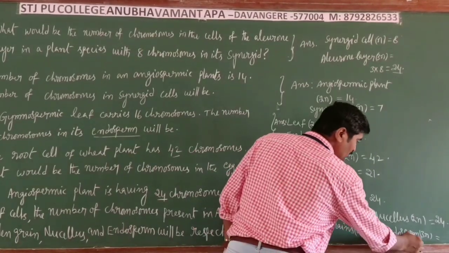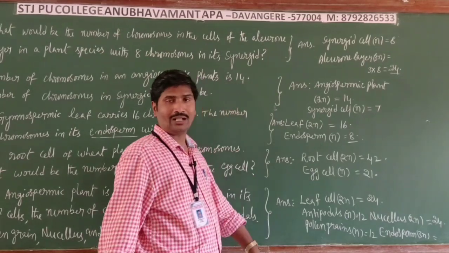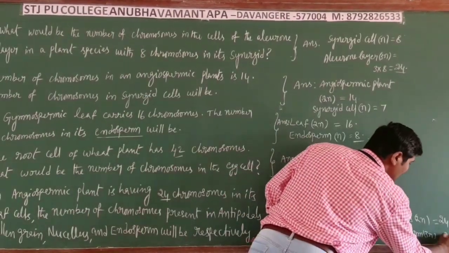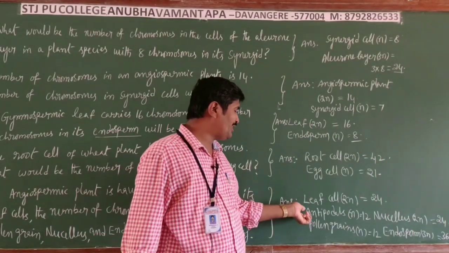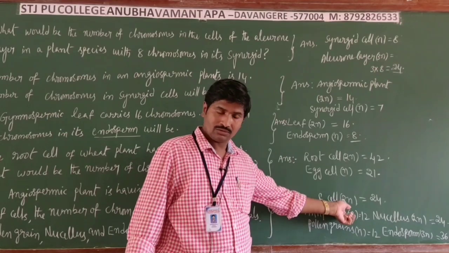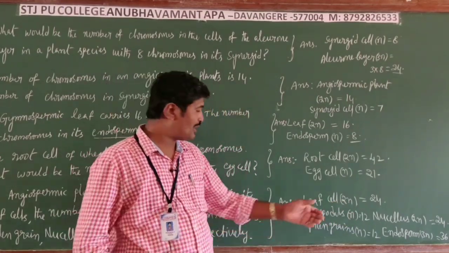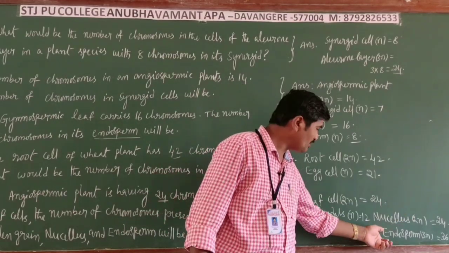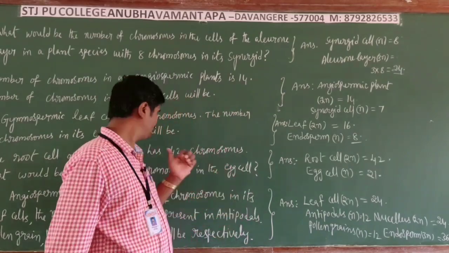What about endosperm? 3 into n, 12, total 36. The total number of chromosomes in antipodals 12, pollen grains 12, nucellus 24, endosperm 36. Okay, next one.